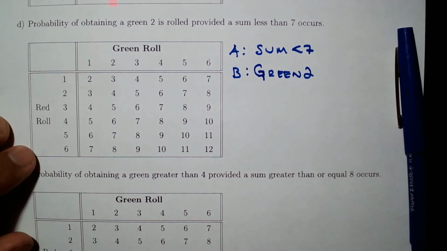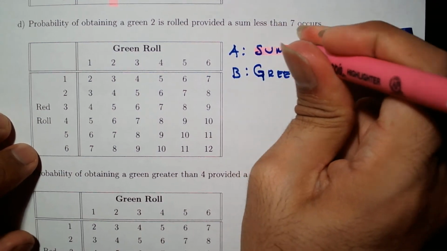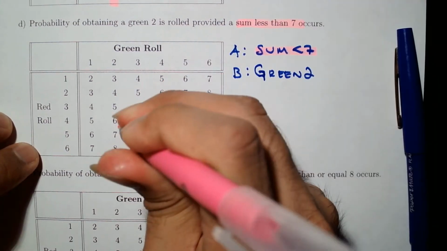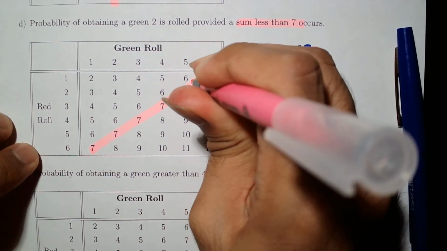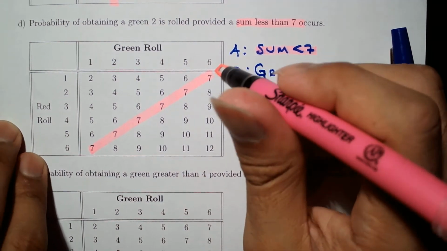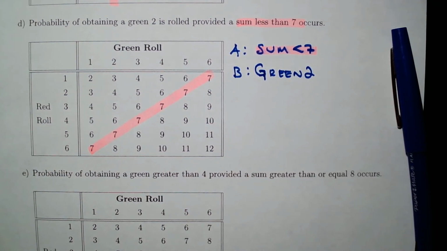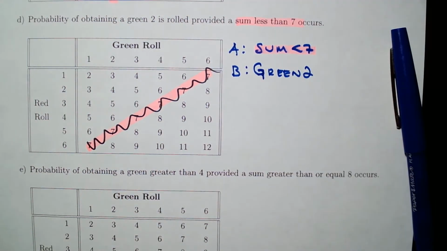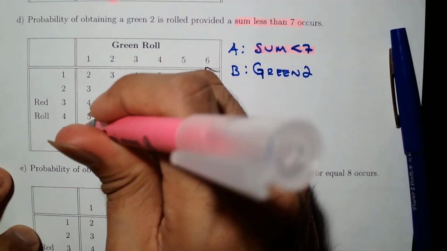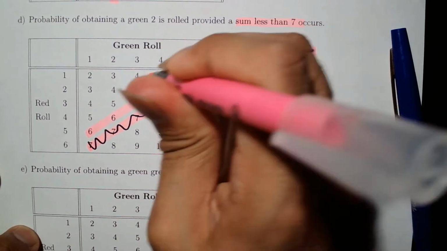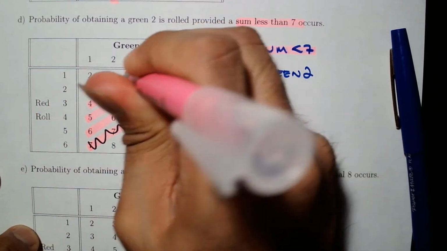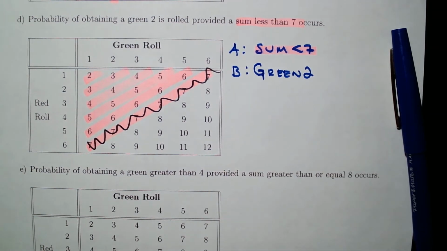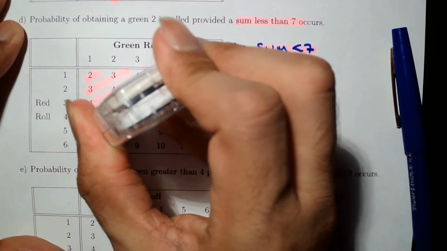So for letter A, which is going to be now my sum less than 7, the shades are going to be, okay, not these ones. Let me disregard this one. I only meant to shade these guys right here. Let me see if I can fix it with wipeout.